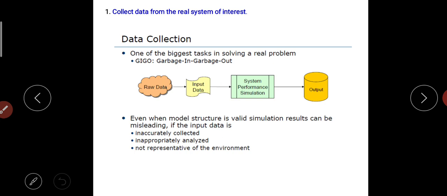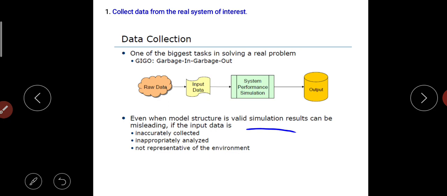The first step is to collect the data from the real world system of our interest. Data collection is one of the biggest tasks in solving a real problem. As we know already, garbage in, garbage out. If the data which is supplied for the simulation of the system is garbage, or is not adequate information, then the simulation system, even though it is valid, will generate results which are misleading.